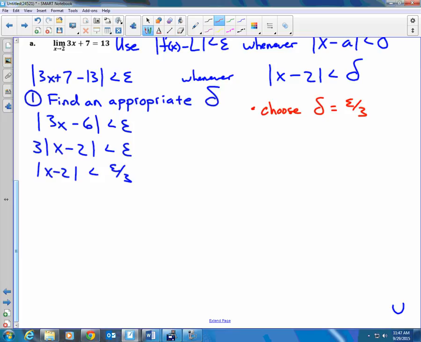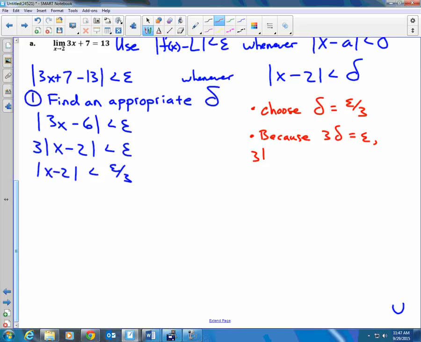I'm also going to make one statement. Because 3 delta is equal to epsilon. Are we okay with that statement?